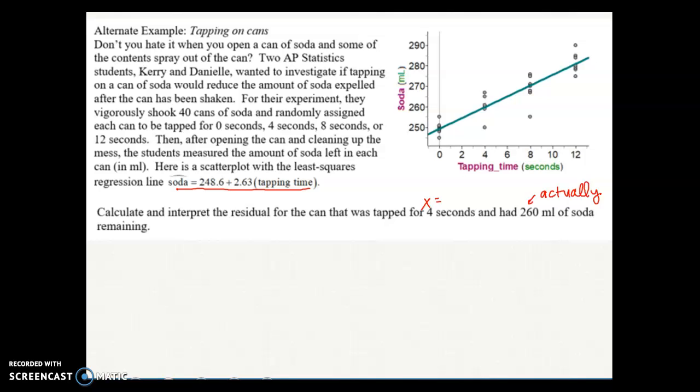Okay, so the soda amount that is predicted, so soda hat, equals 248.6 times the tapping time of 4 seconds.